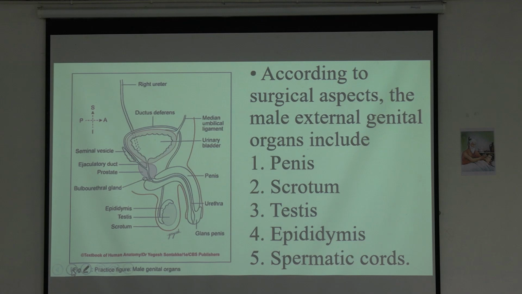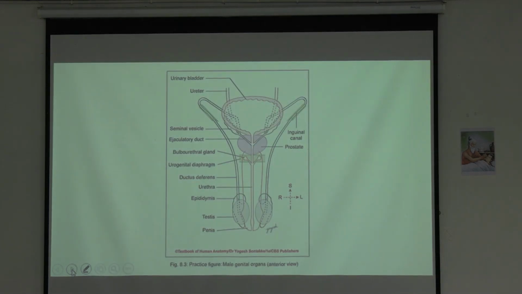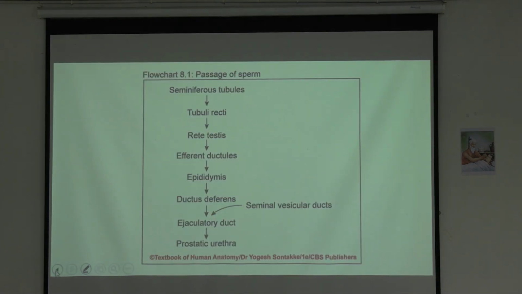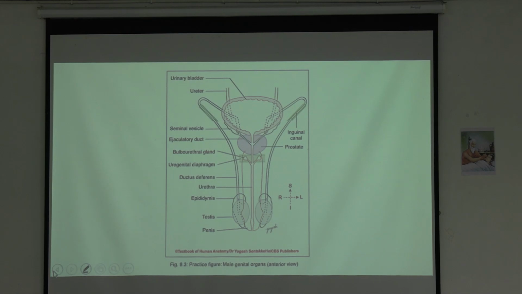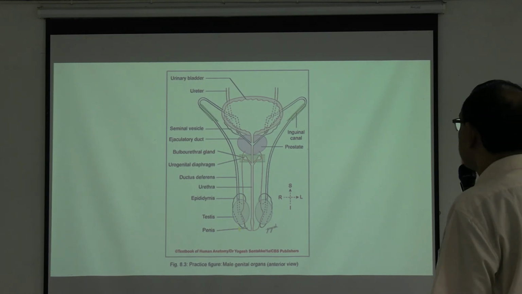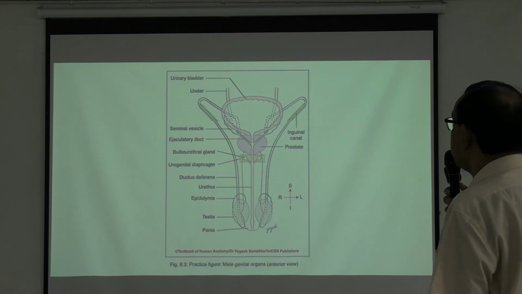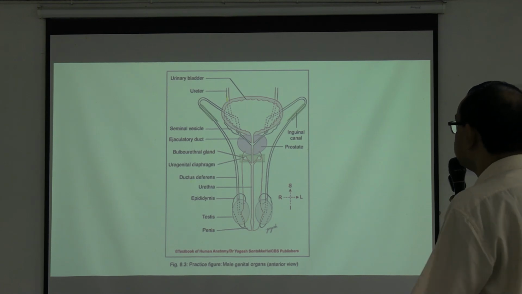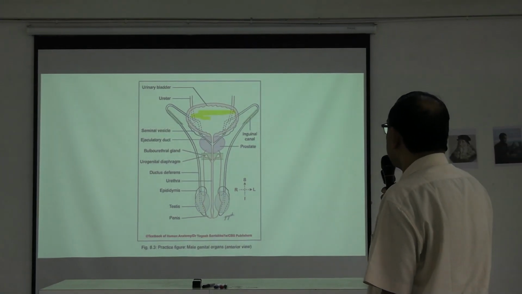So already I have told you these are the structures of the external genital organ of male. Another thing, here we can see the urinary bladder.